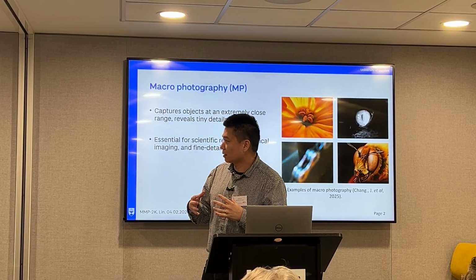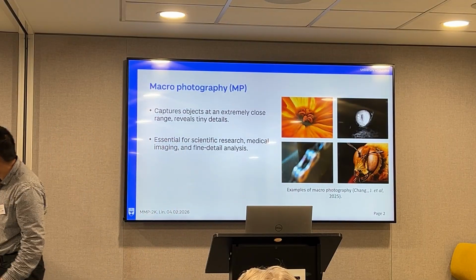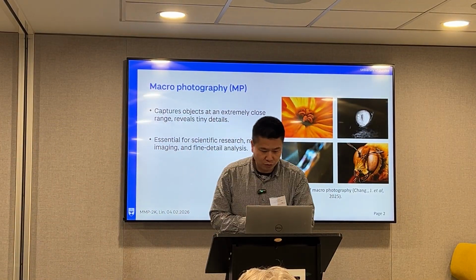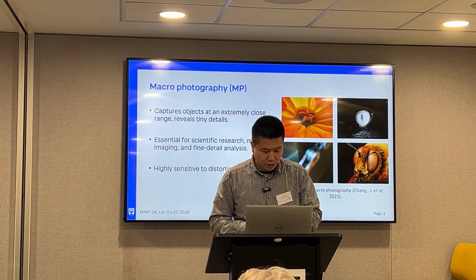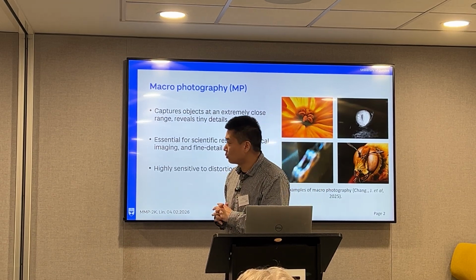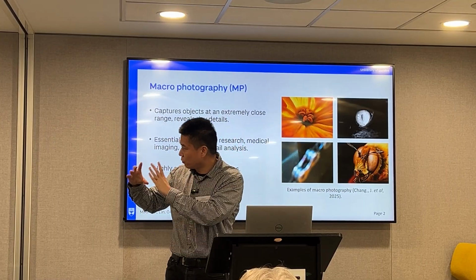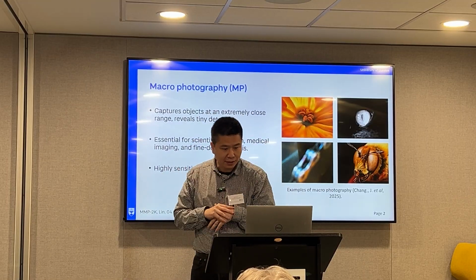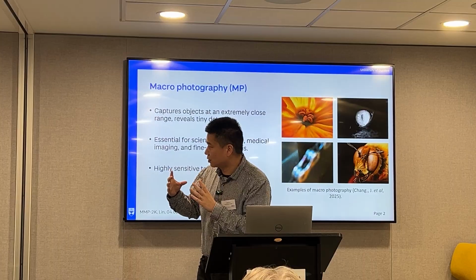While I was in Constance, I saw biology groups who have a lot of photos like this, because they want to get details for research, and also for medical imaging. It is also highly sensitive to distortions, because you have to take a very close shot, and then the object appears larger than in real life.